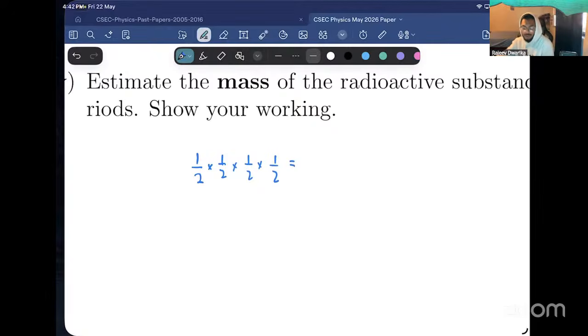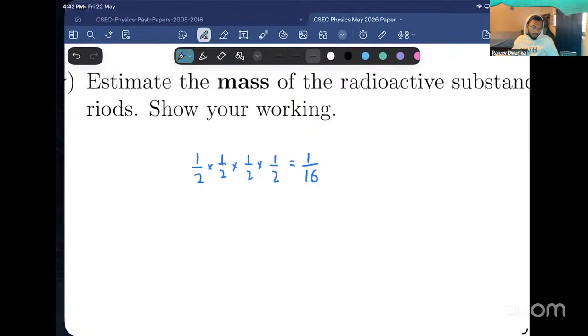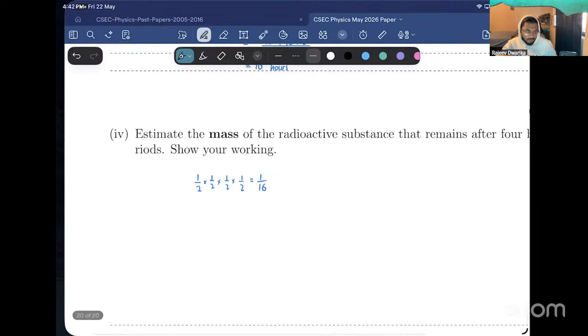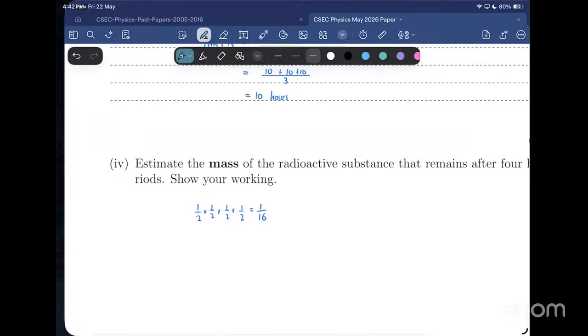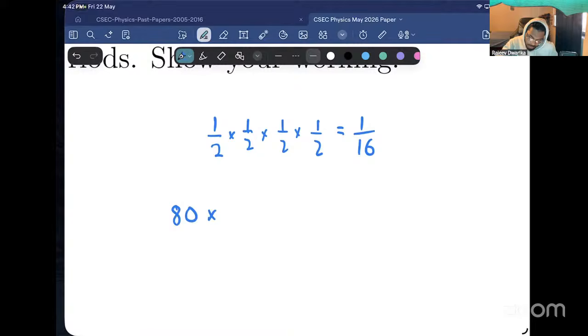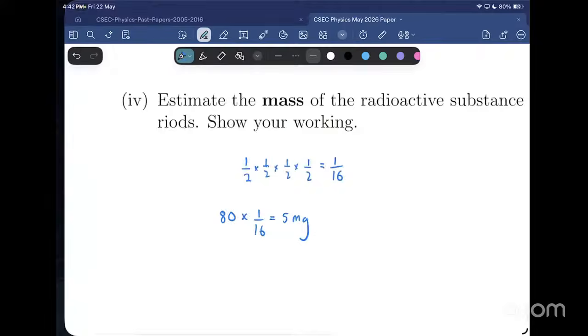So it's going to be reduced to what? 2 to the power 4 is 16. So the mass is going to drop to 1/16 of the original amount. What was the original amount? 80 grams. So you could say 80 multiplied by 1/16. I think you should get 5. Yes, sir. That's it.